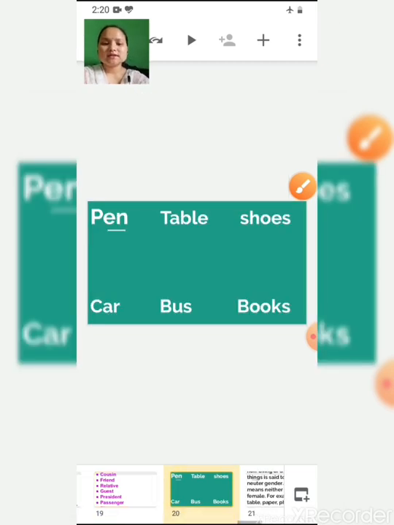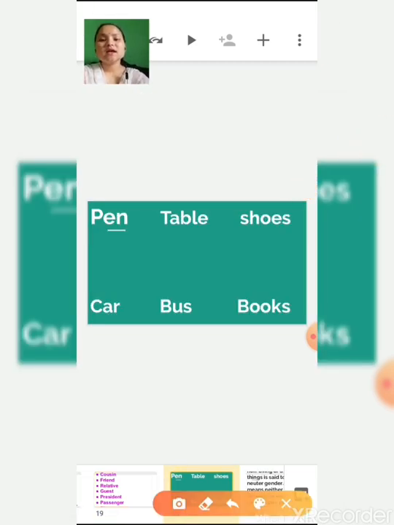Okay, so next you can see some more words on your screen, right? First is pen, table, shoes, car, bus, books. Children, we have already discussed three genders, right? Masculine, feminine, common. Now tell me, these words come under which gender?